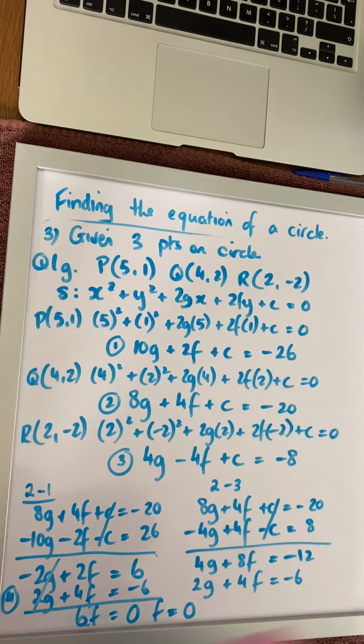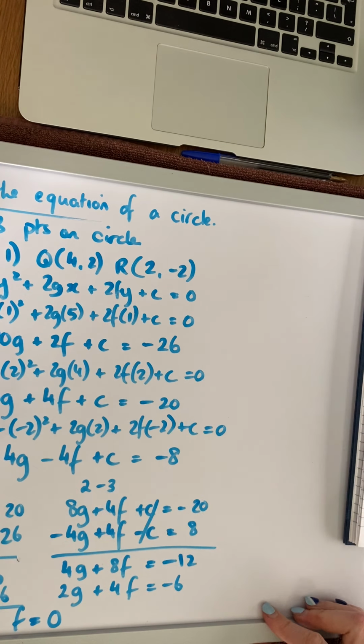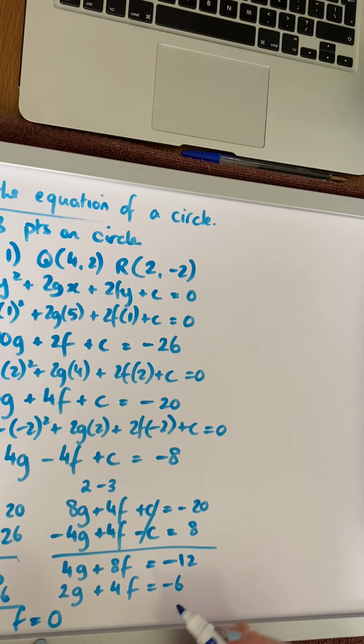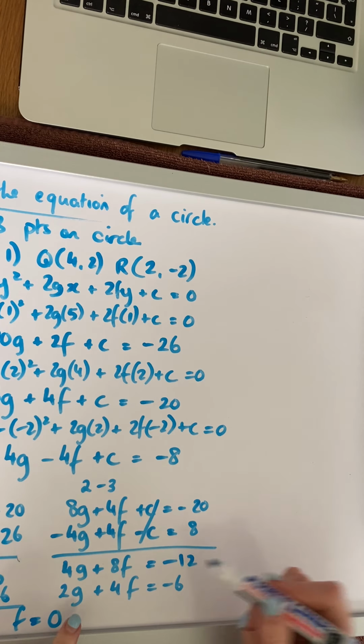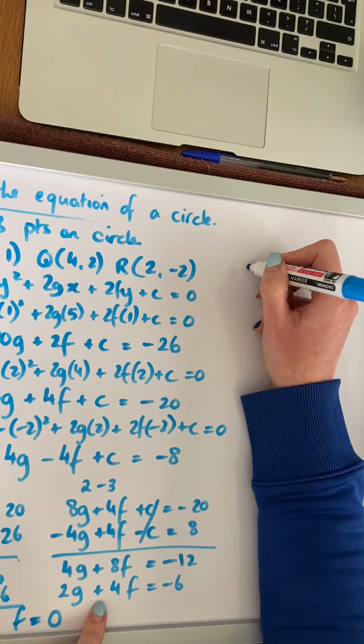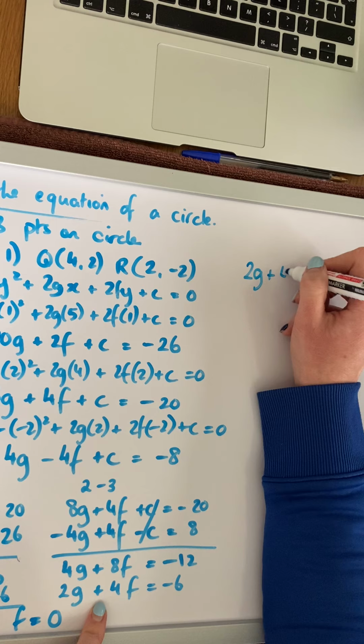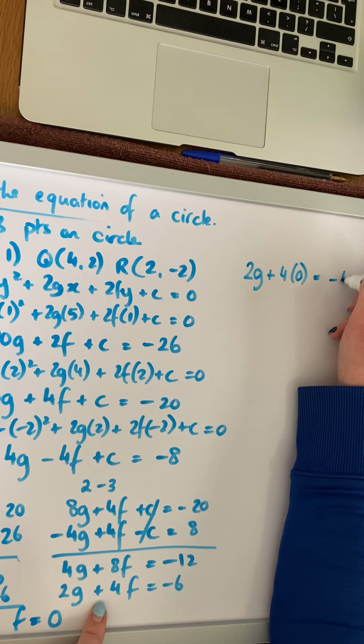I'm just going to move my board across a little bit so I have some extra room to work. Now that we have f = 0, we can go back to one of our equations. If we go back to this one here, 2g + 4 times 0 = -6.